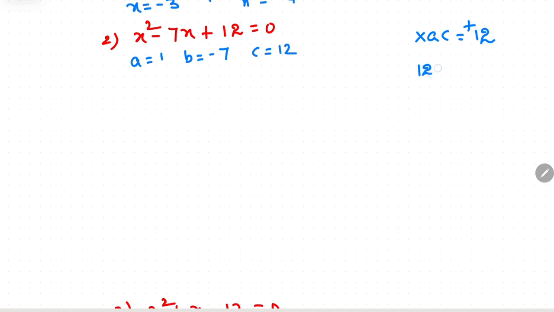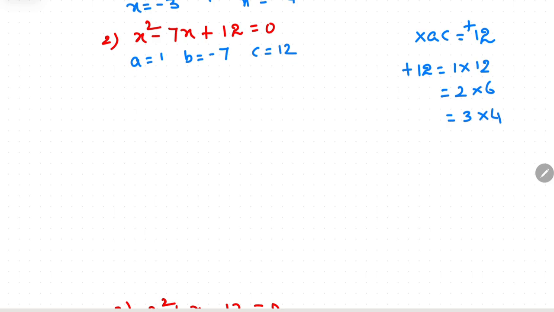So 12 is equal to, once again, factors of 12 are 1 12 ja, 2 6 ja, and 3 4 ja. Now on multiplication we are getting positive, means both of these two are having either positive or negative.